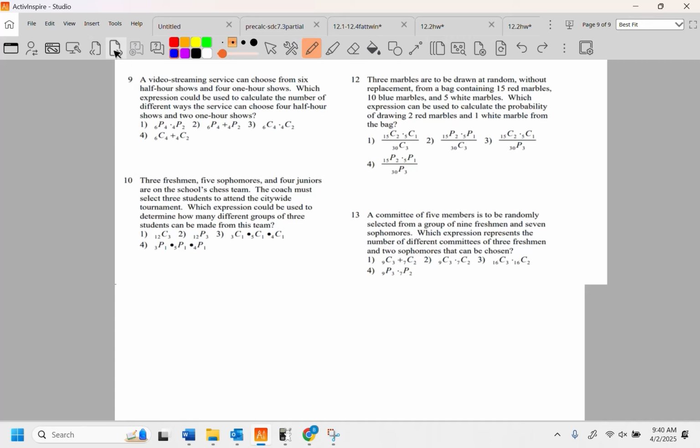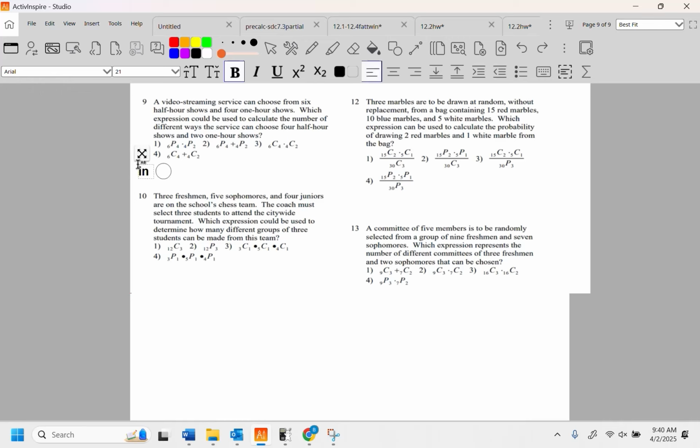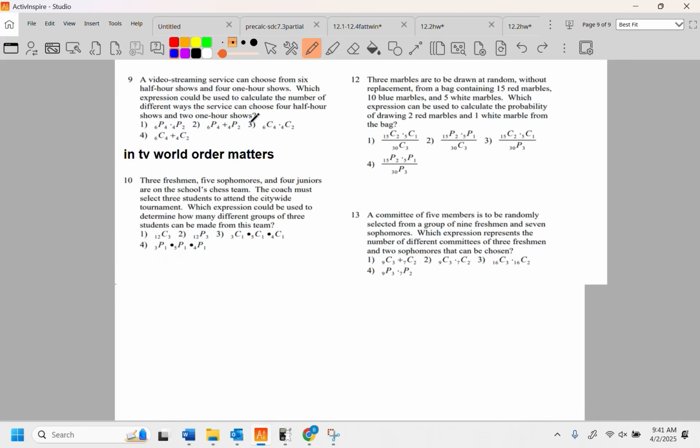I'm only going to look at maybe two of these. Number 9, you're talking about television. And in the TV world, order matters. It does. Think about that. You're in charge of show lineups. And there's a keyword in here that also matters. Can choose 4 half-hour shows and.